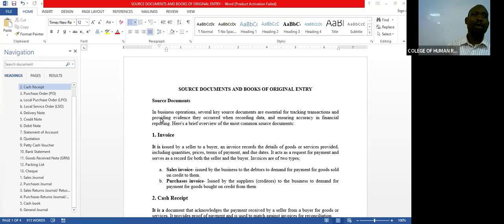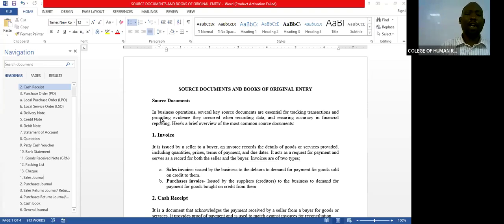So those documents that we receive or issue in the course of running the business, which normally act as evidence that certain transactions took place, are the documents we refer to as the source documents. What you receive in your email or issue as a hard copy becomes a source document.